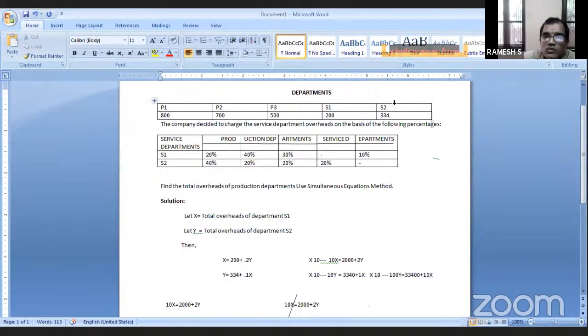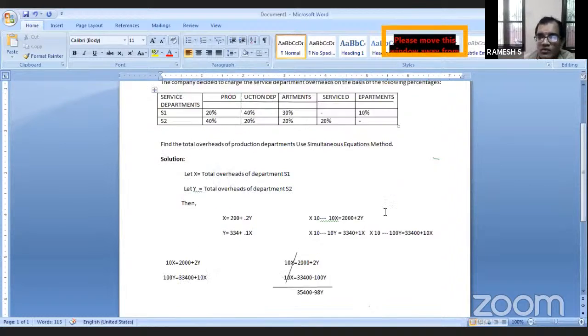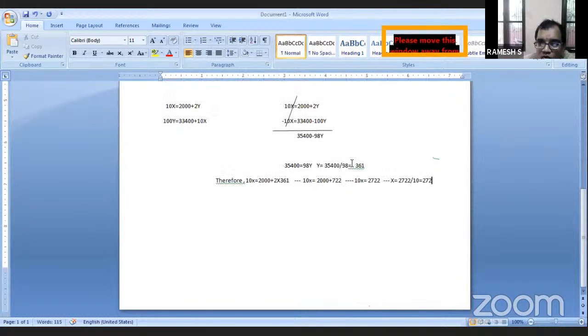So in order to check whether we have done correct or not, you just cross check. See, 200 plus 334, what is the value? Total is 534. Here also these two values we have changed. 361 plus 272, how much is it coming? It is coming to 533.